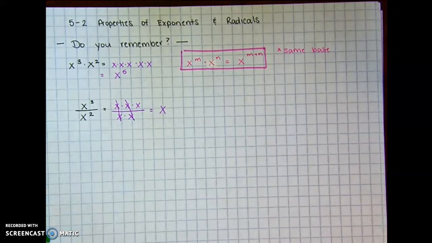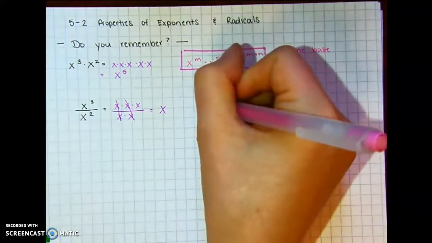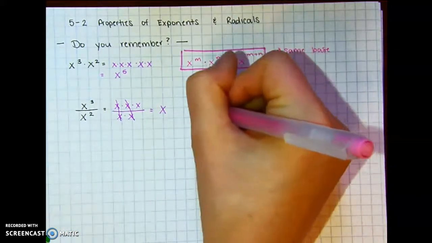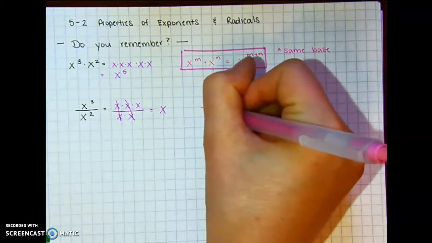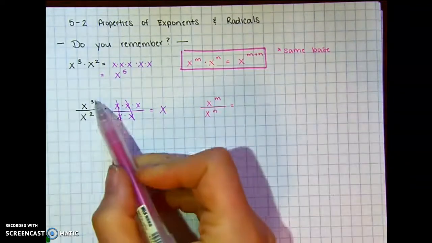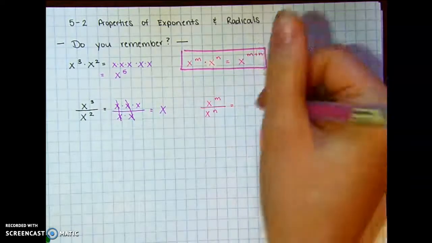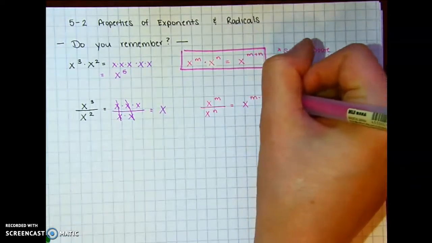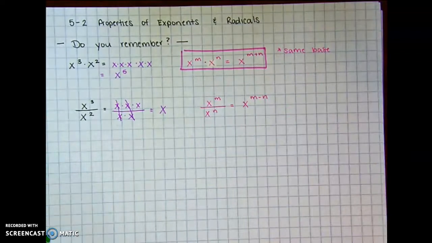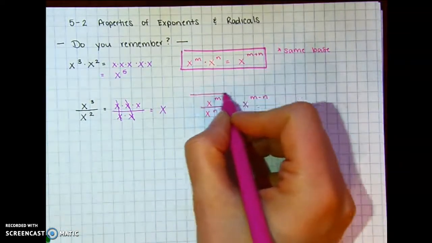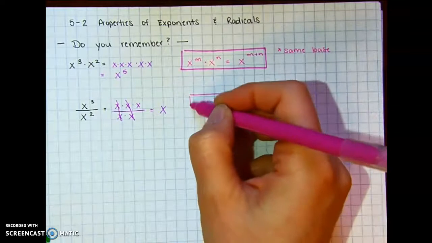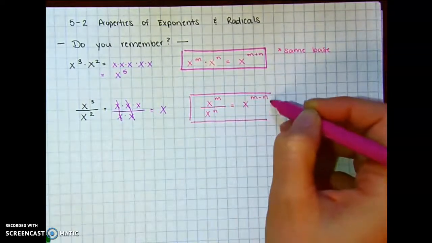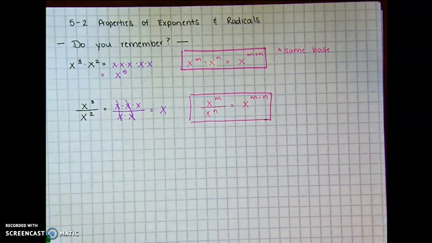So what the rule is for this one is if you have x to the m divided by x to the n, you can just subtract, right? 3 minus 2 is 1. And again, they have the same base.